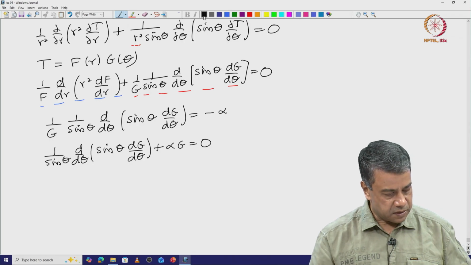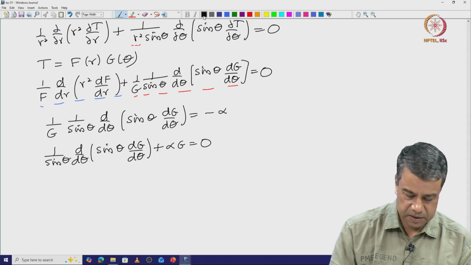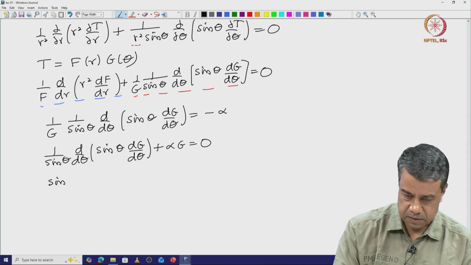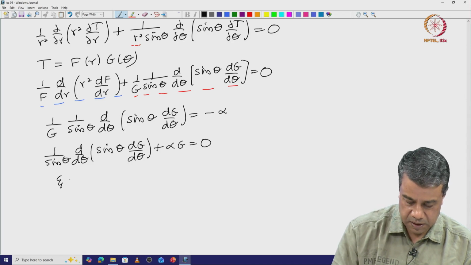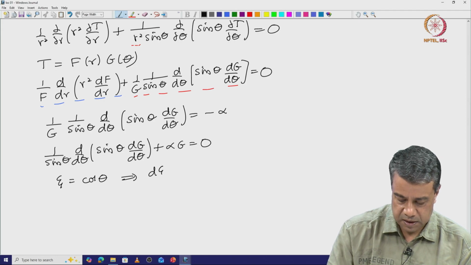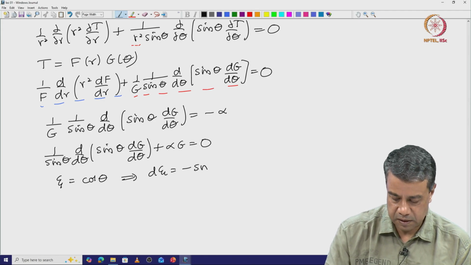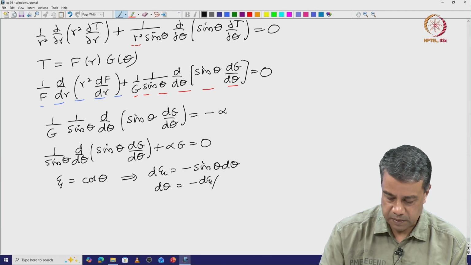Now, in the last class, you recall, we had made the substitution psi is equal to cos theta, which implies that d psi is equal to minus sin theta d theta, or d theta is equal to minus d psi by sin theta.